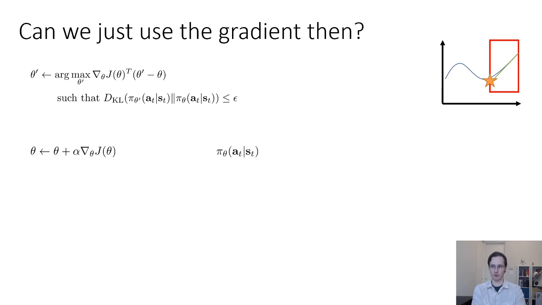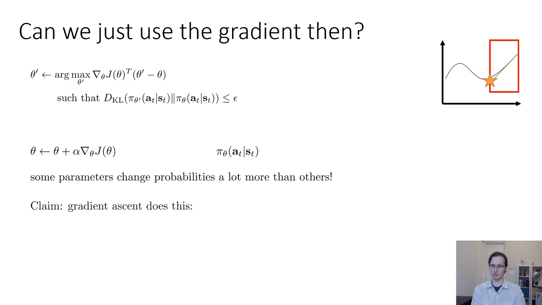One problem with doing this is that as we change theta, the probabilities of the new policy, the pi theta a given s, will change by different amounts because some parameters, some entries in theta, affect the probabilities more than others. So in general, taking a step like this will usually not respect the KL divergence constraint because you might have some very, very small change in some parameter, but that parameter might have a very, very large influence on the probabilities.